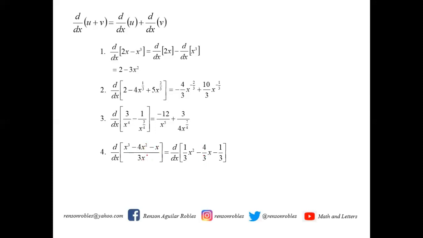And then minus x all over 3x is negative 1/3. Then by applying the principles of the derivative of sums with the derivative of power, you'll have 2 times 1/3, that's 2/3 x. Then you subtract 1 from the exponent. So the derivative of 1/3 x squared is 2/3 x, minus the derivative of negative 4/3 x, which is negative 4/3. So we shall have 2/3 x minus 4/3.